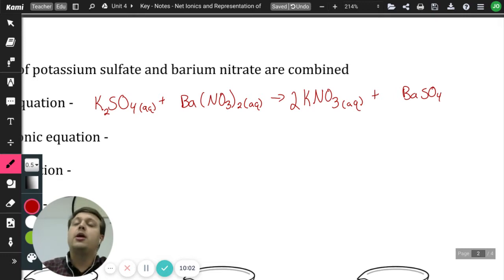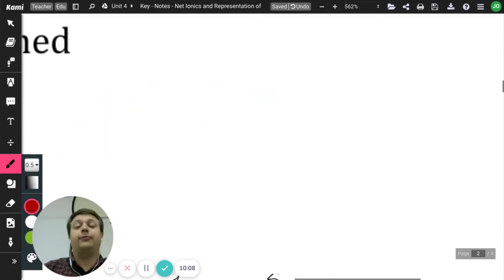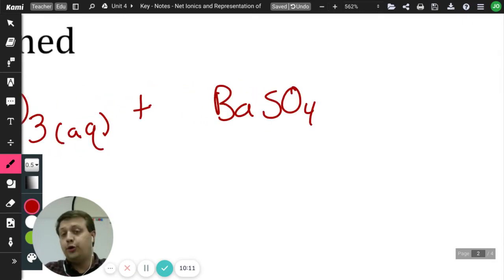Okay? Next, so since I know that one, I can move on to my barium sulfate over here. So first off, is it an acid or a base? No. Is it an ionic compound? Yes, it is. Since it's ionic, we need to look at our soluble salts, so the solubility rules. So first off, is anything from group 1 or ammonium? No. Any nitrate, chlorate, perchlorate, or acetate there?